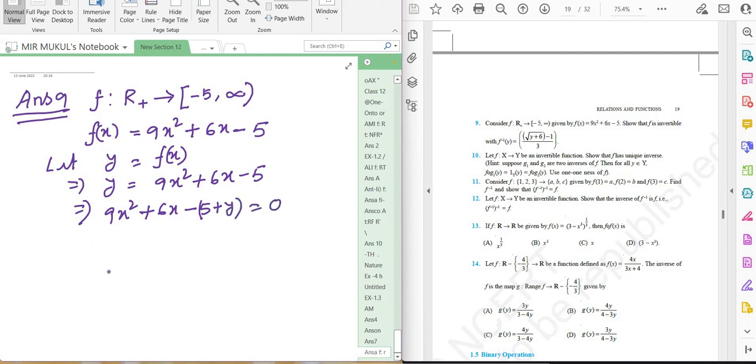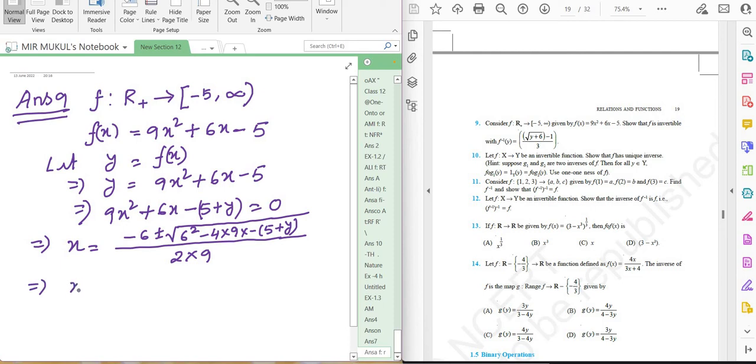Now it is a quadratic equation in x, so use the quadratic formula. x equals minus b, that means minus 6, plus minus root over b square, that is 6 square minus 4ac, 4 into 9 into (minus 5 plus y), upon 2a, 2 into 9.